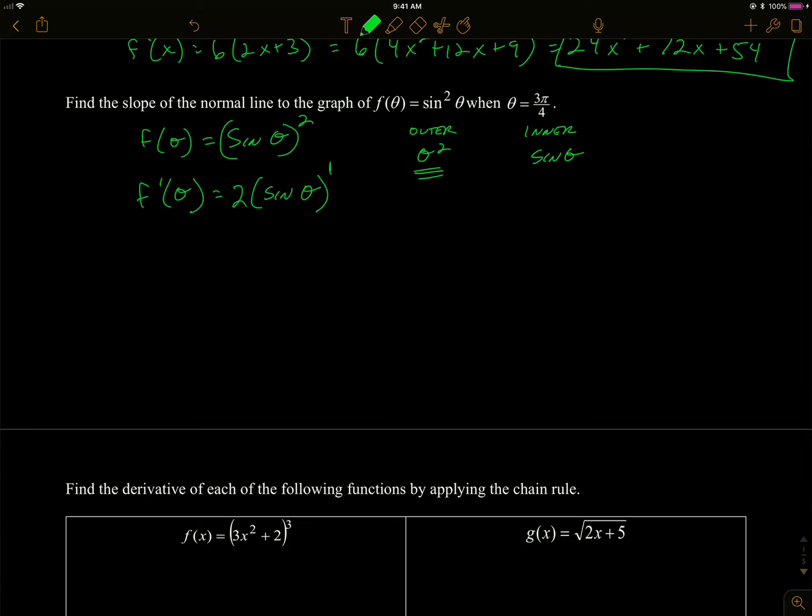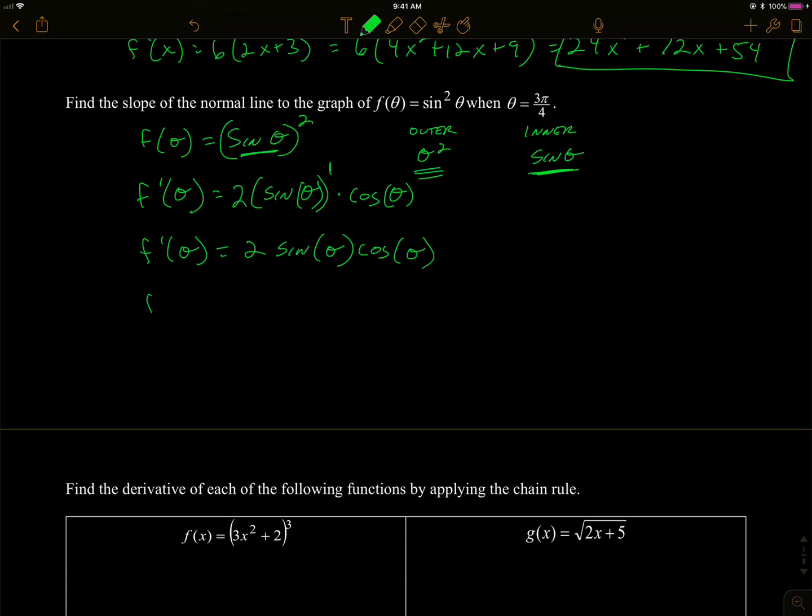You don't have to show that 1 right there, but I'm going to show it. So then I do the second part of chain rule, which says times the derivative of the inner. The inner function is sine, so it's times the derivative of sine of theta, which is cosine of theta. So my derivative is 2 times the sine of theta times the cosine of theta.